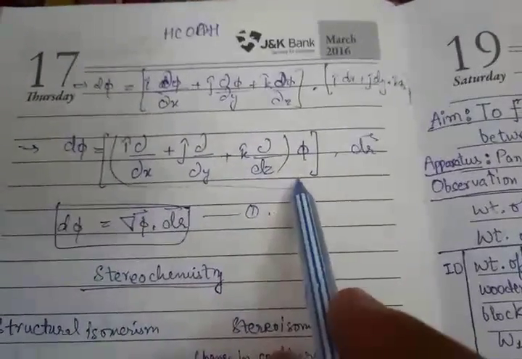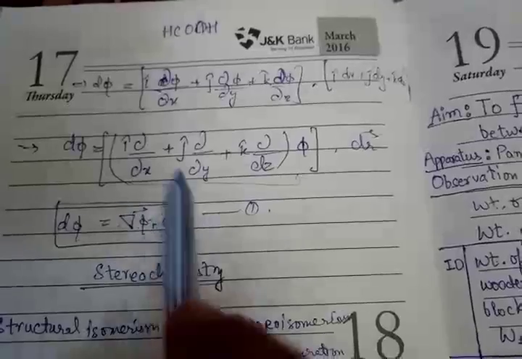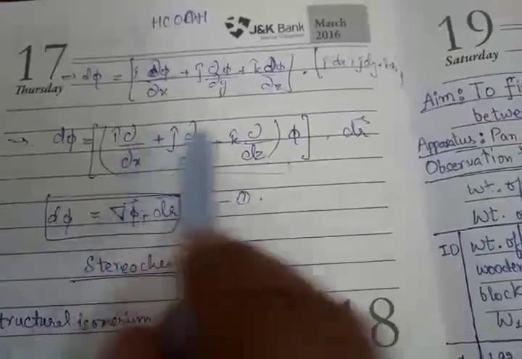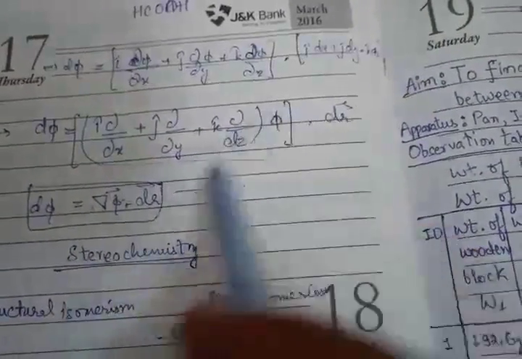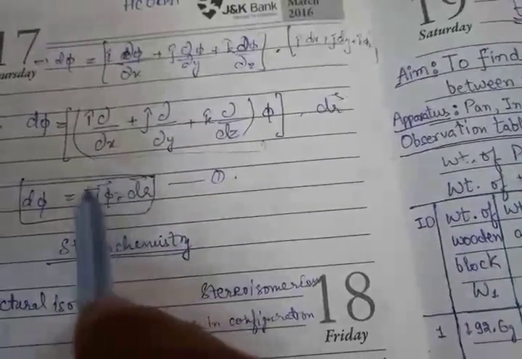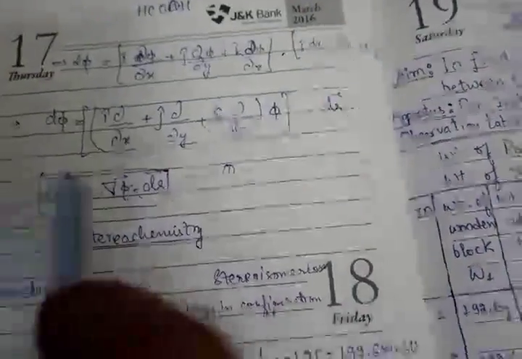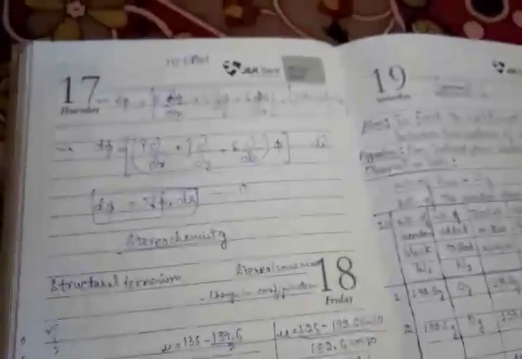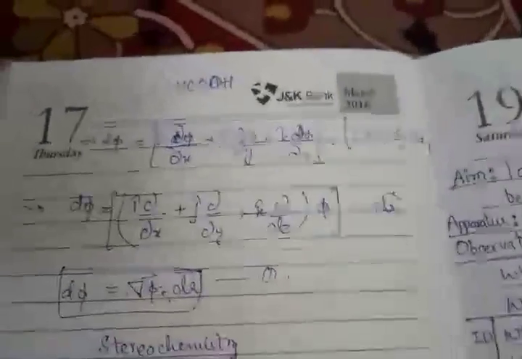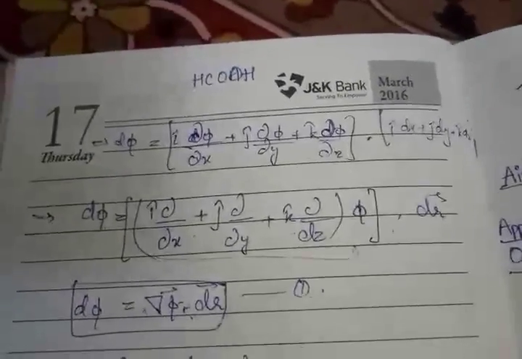This thing is known as del phi because this is del. This is an operator. It operates on phi, so it is del phi dot dr from this. So this was the gradient of a function, and I think you would have got what I wanted to say.